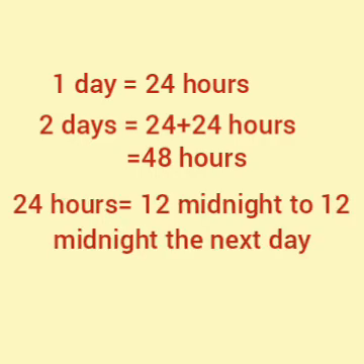Yes, 12 midnight to 12 midnight the next day is 24 hours. That means 12 midnight to 12 noon, 12 hours. Then 12 noon to 12 midnight, 12 hours. 12 hours plus 12 hours, 24 hours is one day. My dears, write this in your notebook.